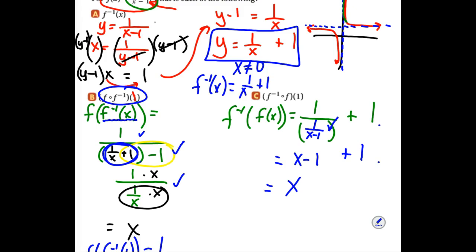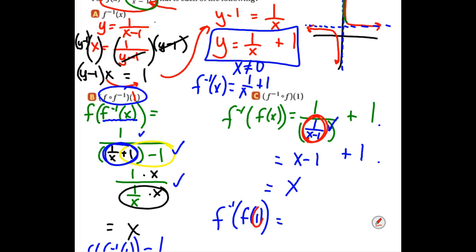The last part, it says to find f inverse of f of 1. So I go back here, and it's saying I'm supposed to be putting into this original function a 1. Can I do that? No. I could pick any other number.